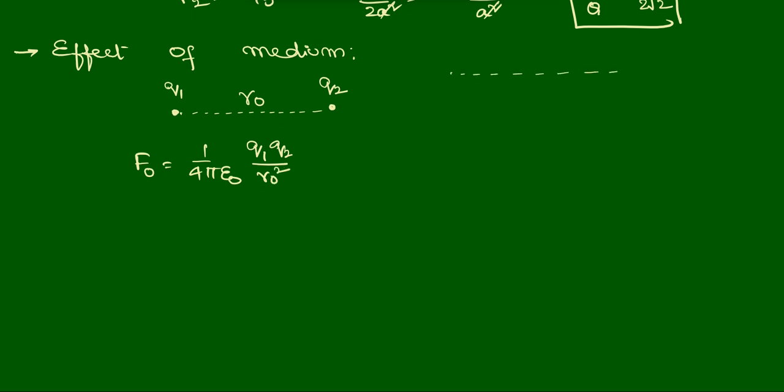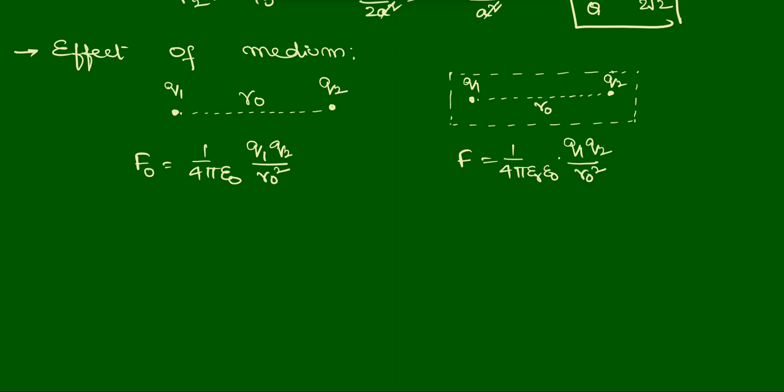Now if the two charges were placed in a medium at the same distance, then this force F will be 1 by 4 pi epsilon R epsilon naught into q1 q2 by r naught square, where epsilon R is the relative permittivity or dielectric constant of that medium.